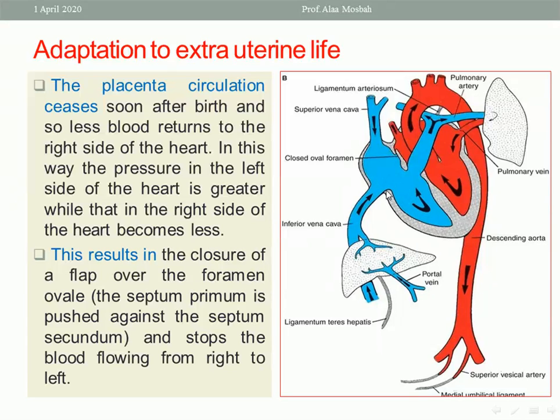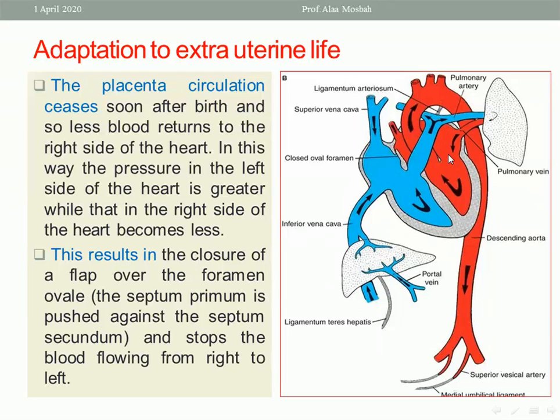In this way, the pressure of the left side of the heart is greater because of two reasons. No more ductus venosus blood to the inferior vena cava to the right atrium, and at the same moment there is pulmonary circulation sending blood to the lungs' vascular system, then through the pulmonary vein again to the left side of the heart.